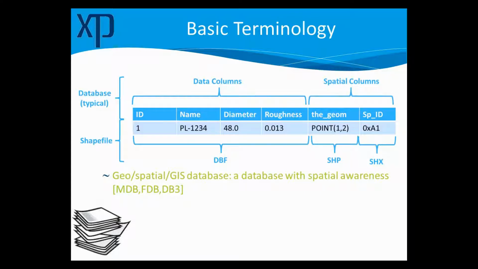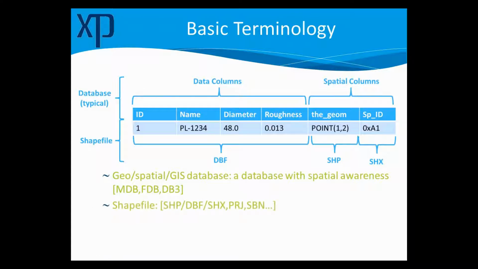Again, if we take our concept of the database and add some spatial columns to them, we get a database that can be queried not only on, let's say, diameter, where I might ask the database, show me every line with a diameter greater than 48 inches, and it would return ID1 and any other rows of data. I might also be able to query that database and say, show me any line within 1 mile of a certain point, and it would be able to return responses there.